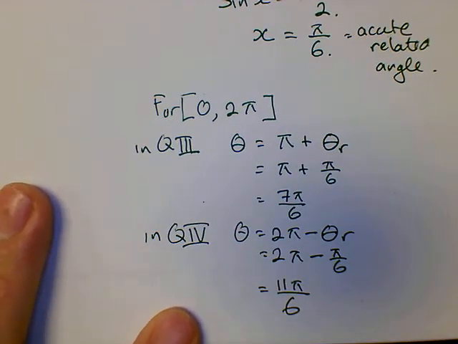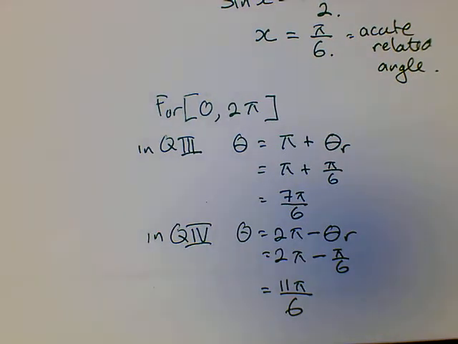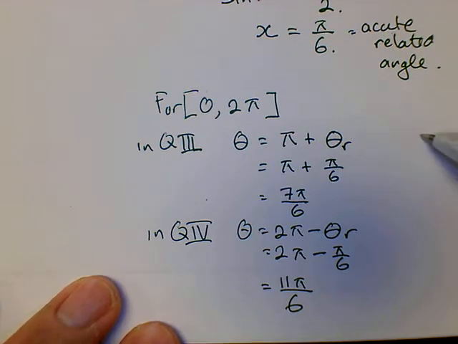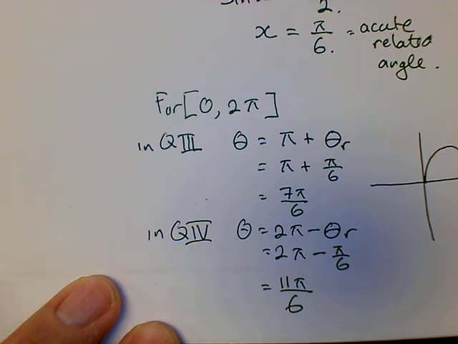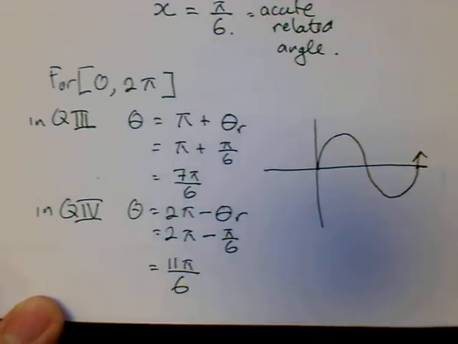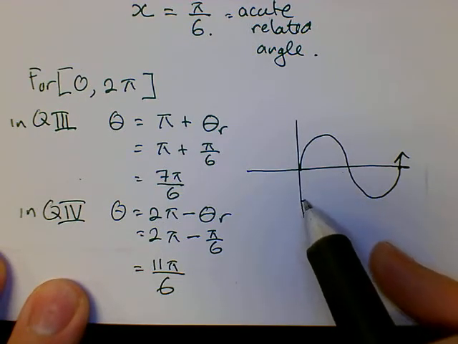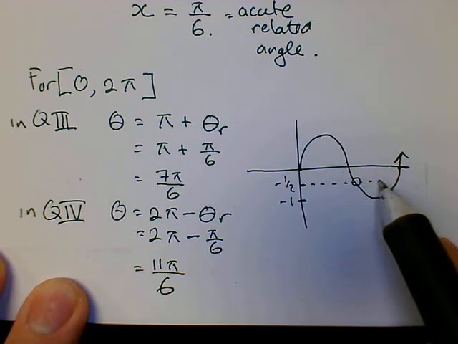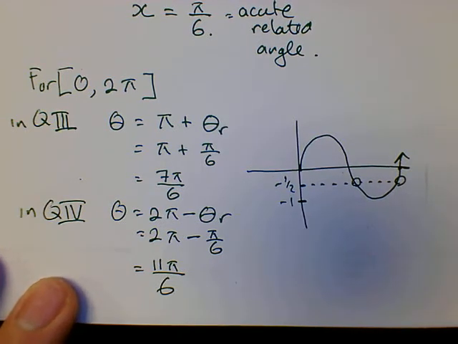There. So now I have 2 answers. Well, does that make sense on this graph? It does. If this is negative 1, that's negative half, and I should have 2 answers.